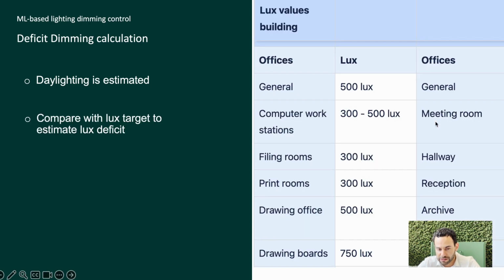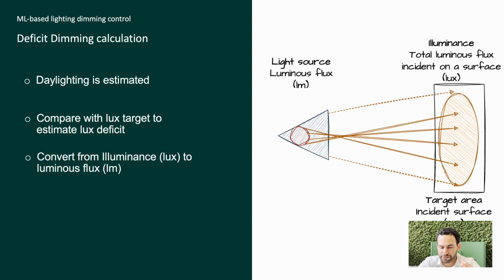Once the daylighting is estimated, it is compared to the target lux for a given space. For offices in general it is 500 lux. So if the prediction of daylighting is around 300, and the goal is 500, then you have a lux deficit of 200 lux.